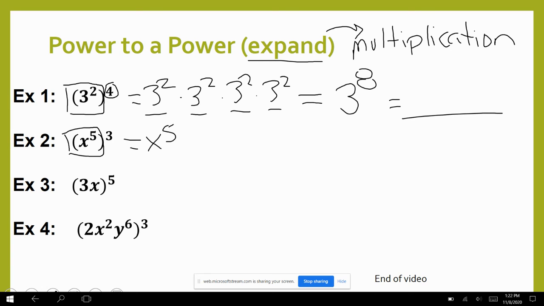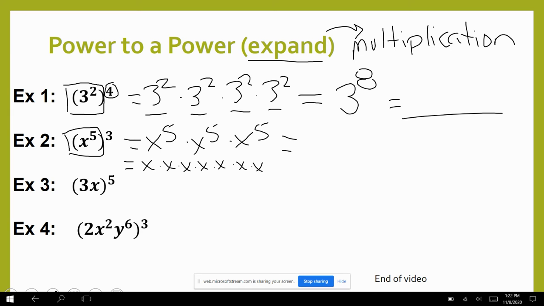So it's x to the 5th times x to the 5th times x to the 5th. Now here, we could apply our exponent rules that we already know, multiplying with the same base. So we add the exponents, or if you're stuck, you could always expand further because you know that x to the 5th is really x multiplied by itself 5 times.